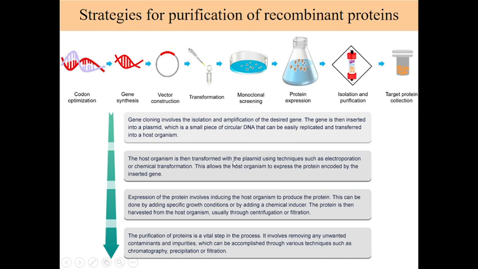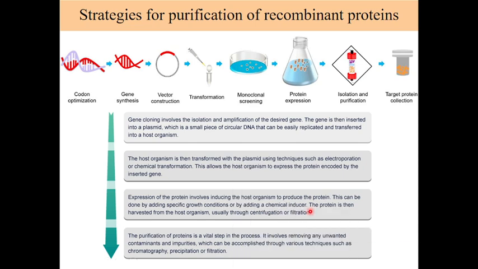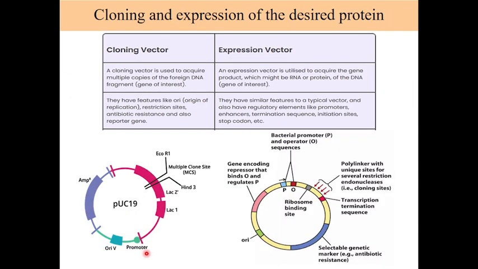Then the protein is harvested from the host organism, usually through centrifugation or filtration, and the purification of the protein is a vital step in the process. Purification basically means separating your desired protein from any other unwanted contaminants, which can be accomplished through various techniques such as chromatography, precipitation and filtration.